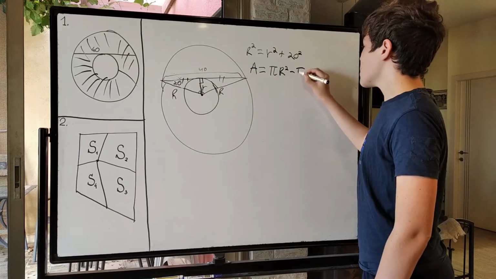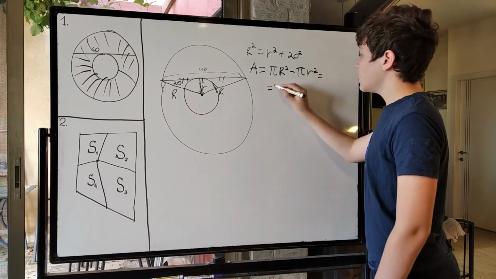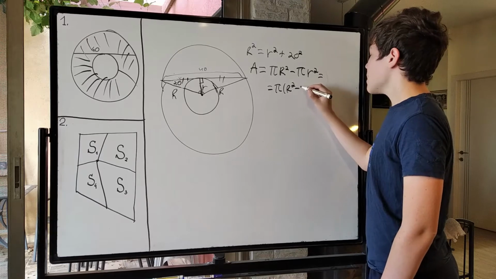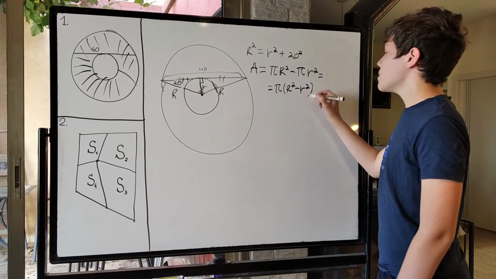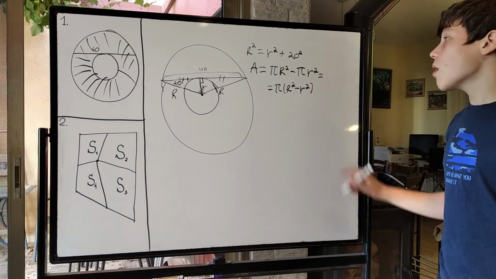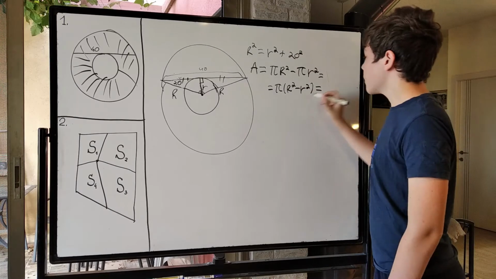So this is going to be minus pi small r squared, which is, if we take pi out like this, we get pi times big R squared minus small r squared. Now big R squared, we figured out, is small r squared plus 20 squared.